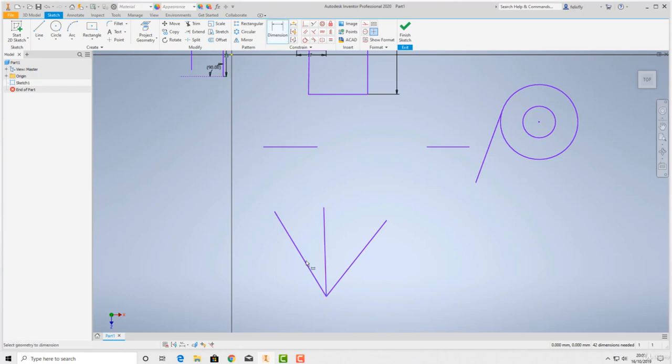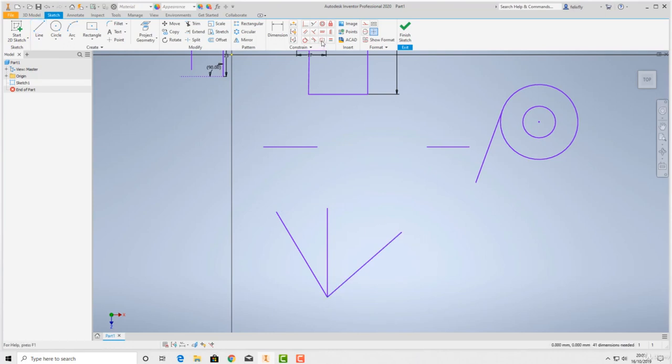So we could say, okay, it's 30 degrees and it's 30 degrees, okay? And then we would have to say, oops, that's moved our center line, so we actually want that to be vertical there, and that gives us the geometry we want, but it's quite a long-winded way of doing it. Just delete that.